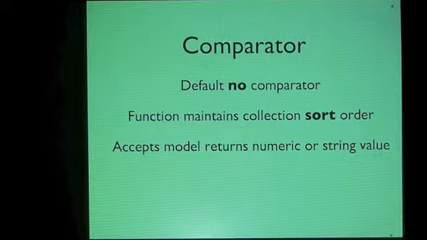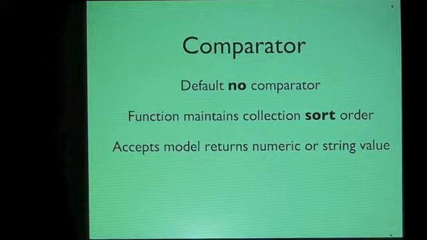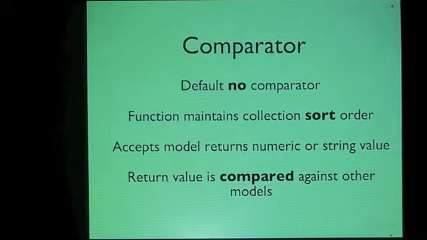It would be interesting to see what happens when you call set on the item that is used in the comparator. I guess it would have to reinsert it. That would be an interesting test. It accepts a model, and it returns a numeric or string value that is used to identify its placement in order. It returns a value that is compared against other models.